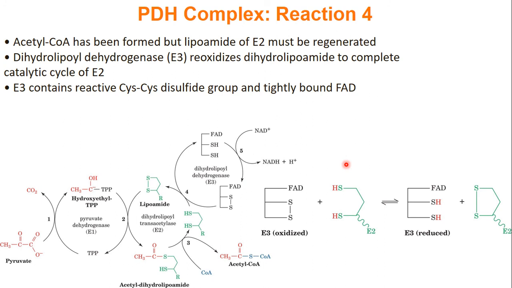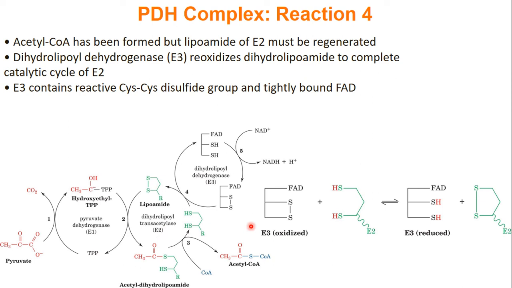And that's step 4. And enzyme 3, the whole purpose of enzyme 3 is just to reform the active site of enzyme 2. So that's what dihydrolipoyl dehydrogenase, or E3, is going to do. It's going to reoxidize dihydrolipoamide, and that will complete E2's job.